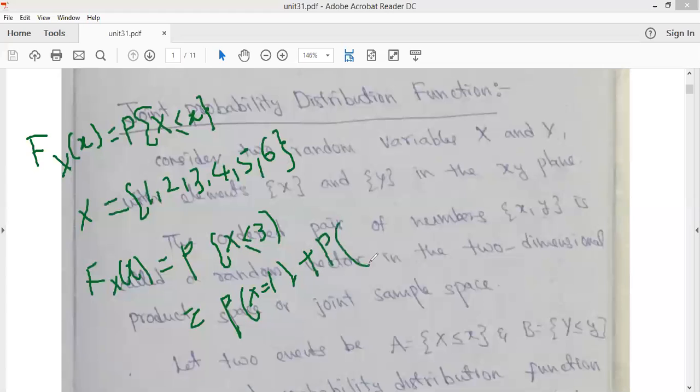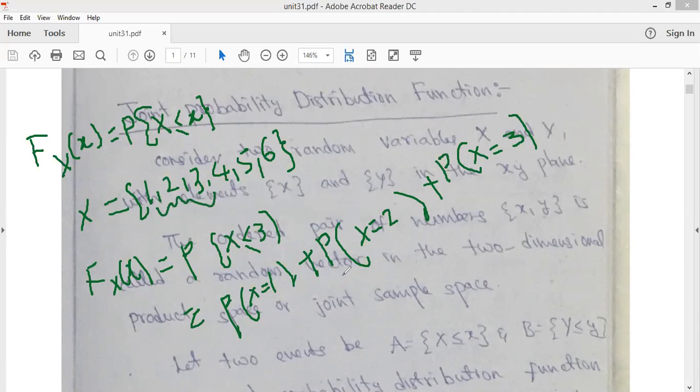This is in the case of a single random variable. Since we have taken the probability of X less than or equal to 3, we have to consider all the elements up to 3, that is 1, 2, 3.